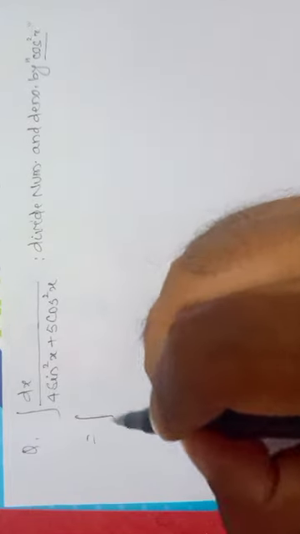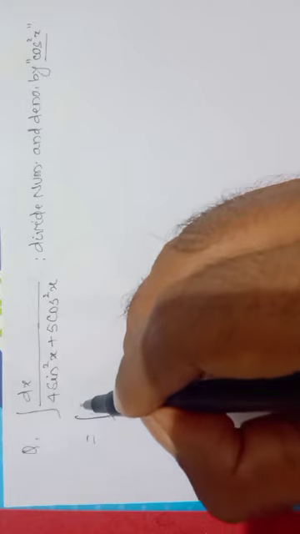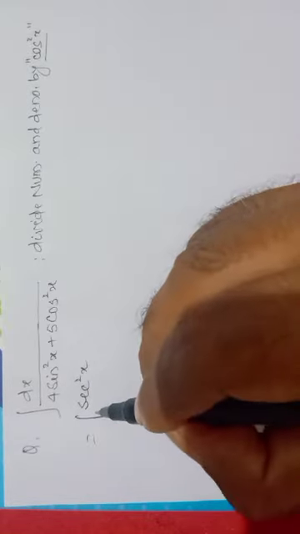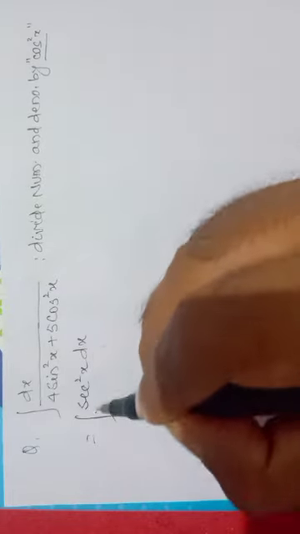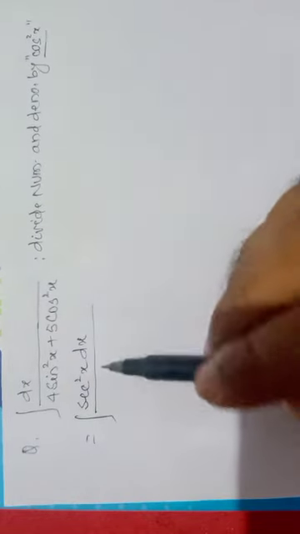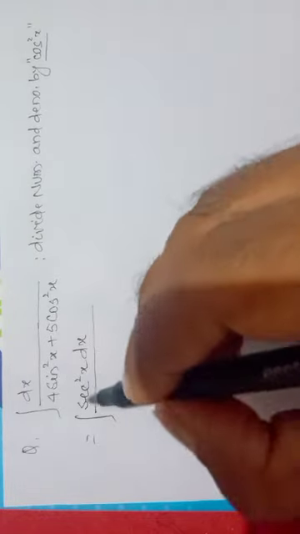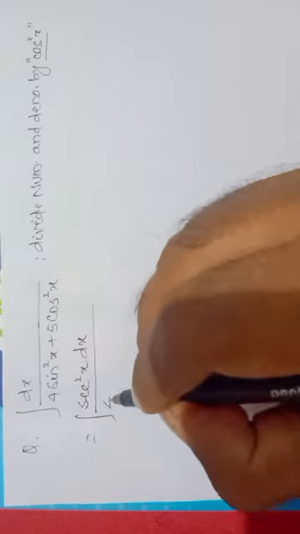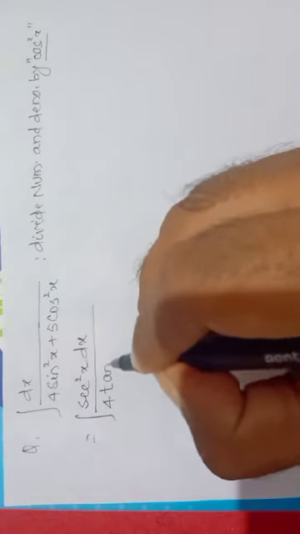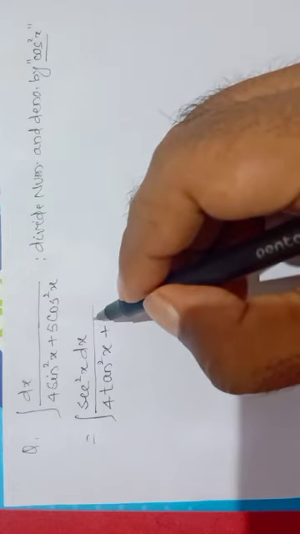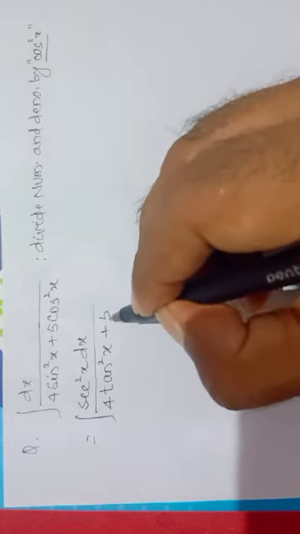Then numerator divided by cos square x becomes sec square x. dx is already here. And sin square x by cos square x is tan square x. So it should be 4 tan square x plus 5 cos square x by cos square x, which is 5.